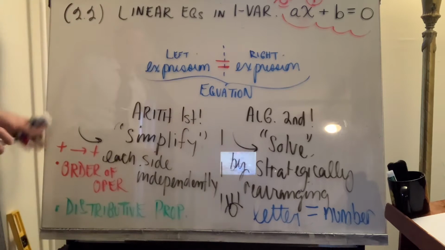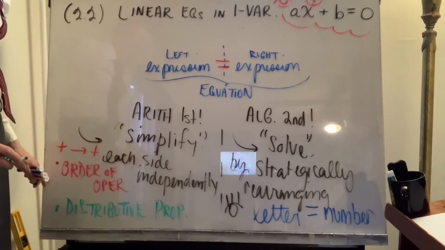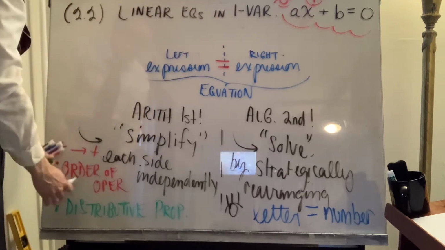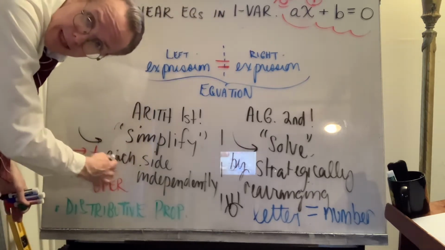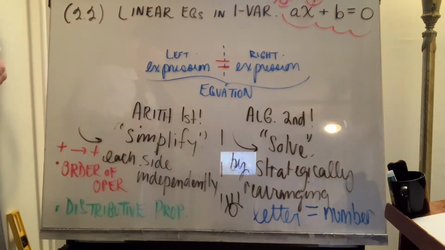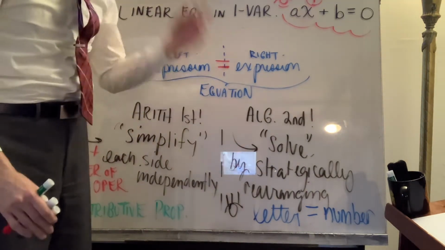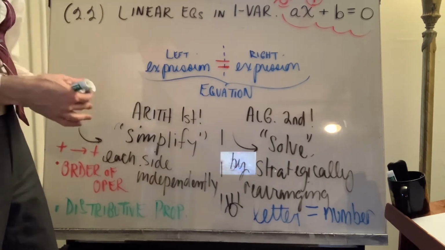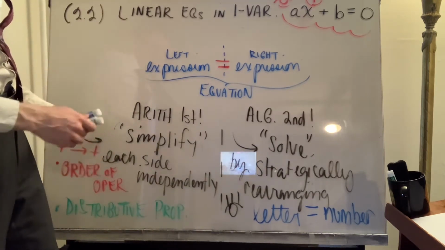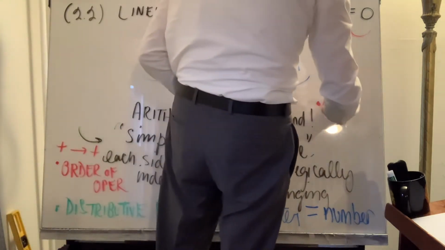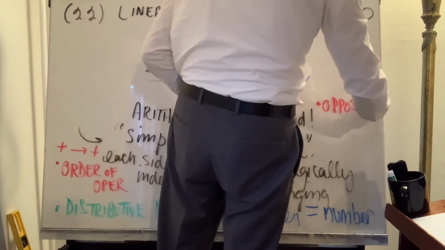Try order of operations where you should start when you're dealing with an expression, i.e. just one side independently of another. And then if you can't make any progress with that, then you try the distributive property. Usually that's what it entails. When it comes to solving, the most basic technique of solving algebraically, remember, is not to follow the order of operations per se, but instead do opposite operations.